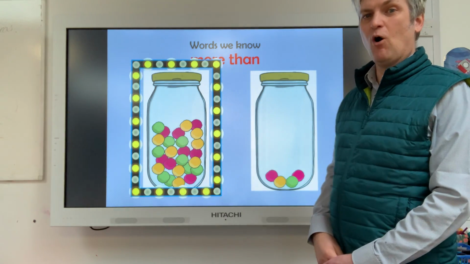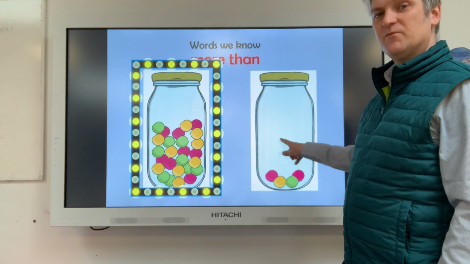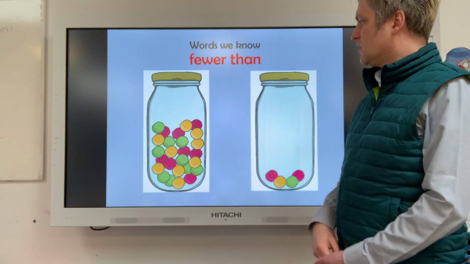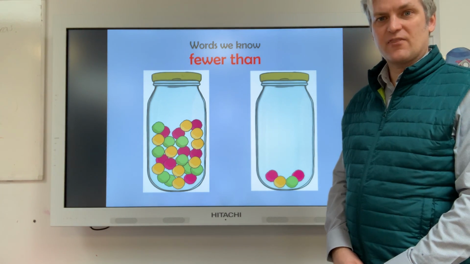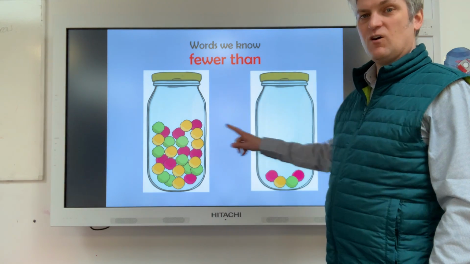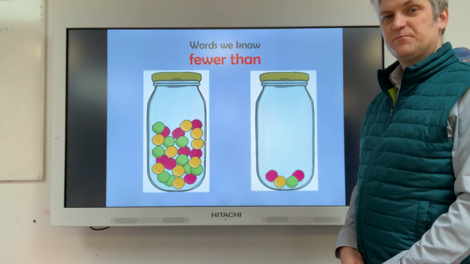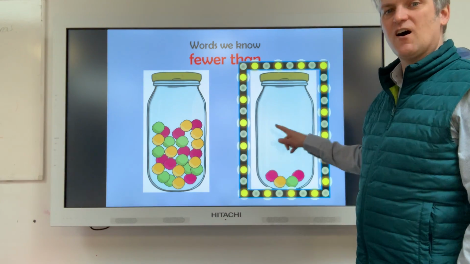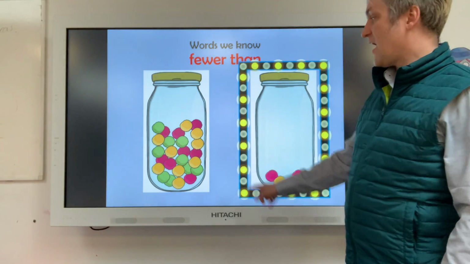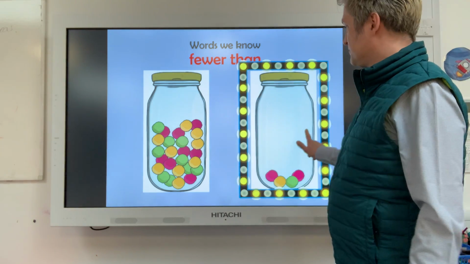This jar has more than this jar. Okay. Which jar now has fewer than the other? Is it this jar or this jar? It is this jar this time. This jar has fewer than this jar.